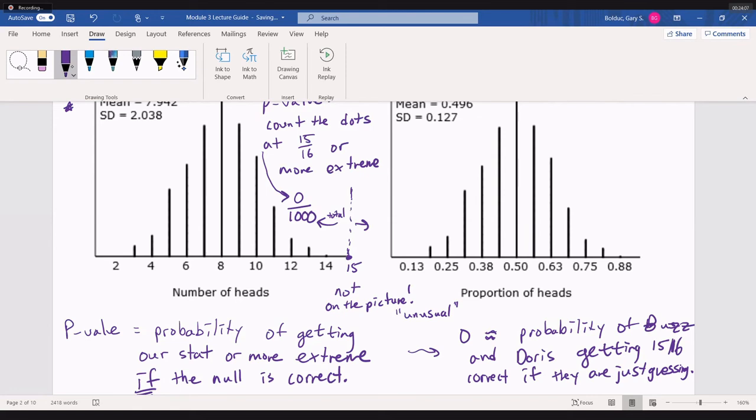So the p-value is this great example, again, of you've already done this idea. Take your null hypothesis from last week. Make a chance model out of it. Compare your statistic. If your statistic seems unlikely or unusual to happen under this chance model, we go, let's throw out our null hypothesis. I don't think that that's right.